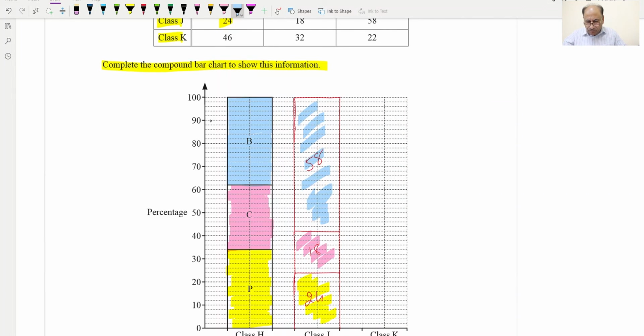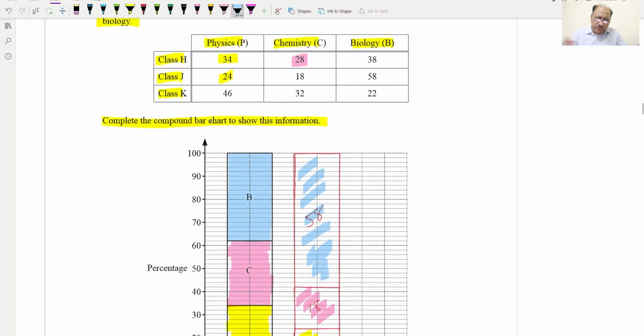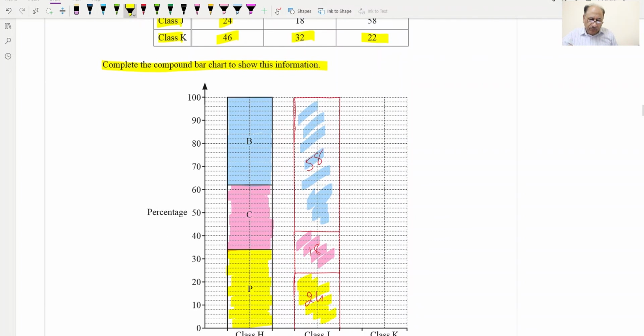Hopefully you are understanding. Now class K is what? K is 46, 32, and 22. 46 divided by 2 will be 23, so we can take 23 up to this mark. Basically we need to take 46.